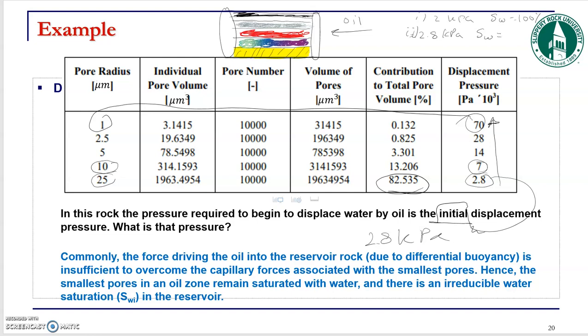So what happens? Your water saturation drops by 82%. So your new saturation is 100 minus 82.5. Sorry, I'm going over this. So this is going to be your new saturation, right?